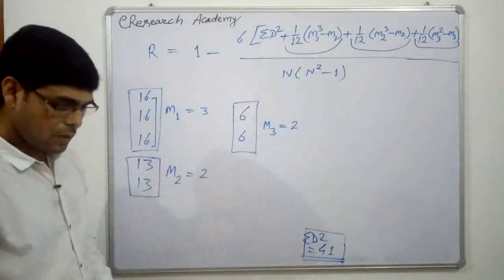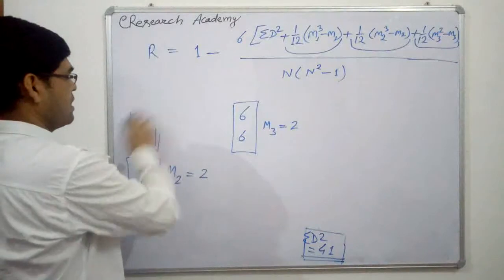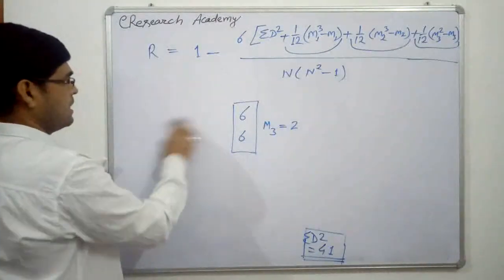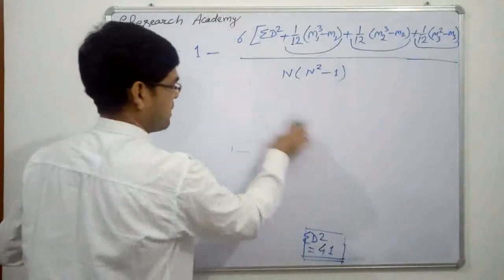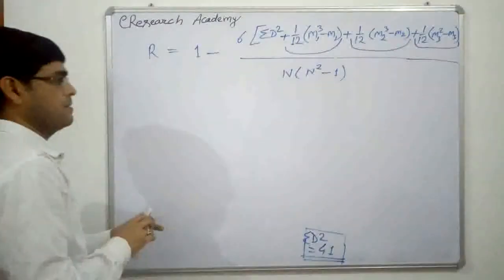Now put the values in the formula. We have first m is 3, the next two m are 2, and this sigma d square we have is 41.